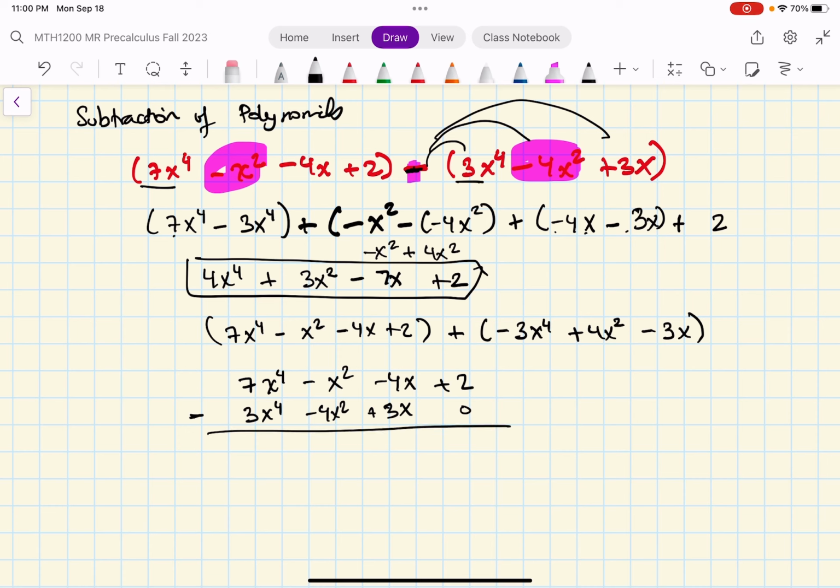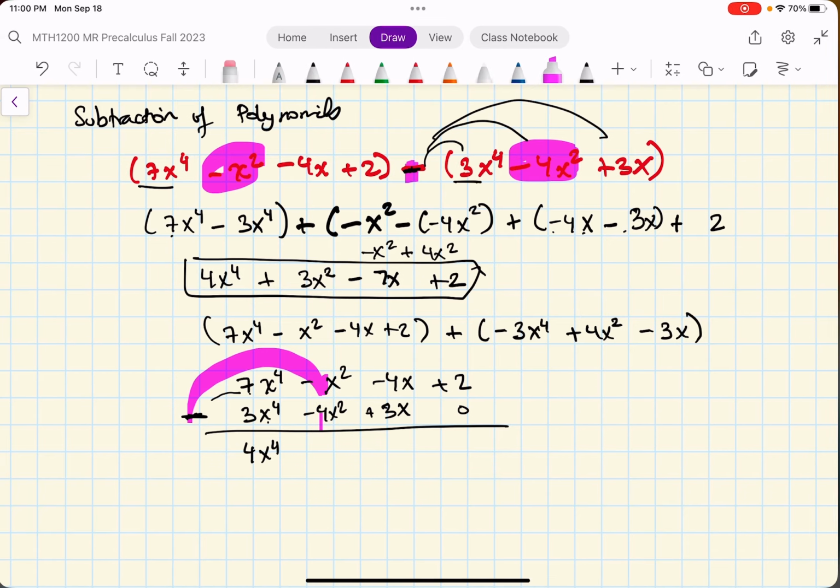But remember that you're subtracting, so you use the minus sign. So 7x to the 4th minus 3x to the 4th is 4x to the 4th. Then you say negative x squared minus negative 4x squared.